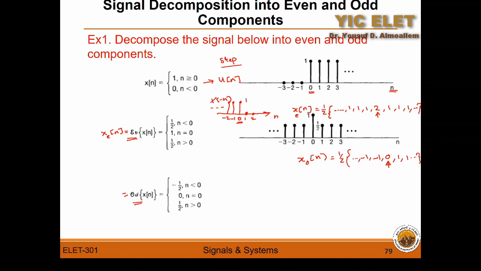And this is nothing but the x odd of n. So this is an example of discrete time signals and how we calculate the even part and the odd part of the signal.